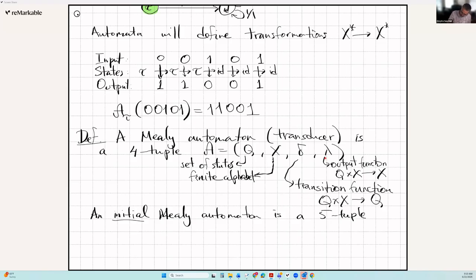So in addition to the tuple from a non-initial automaton, you also add one more component, which is the initial state. So let's say A_q, which is Q, X, delta, lambda, as before, and then little q, where this q is in Q. This is the state from which you start. Of course, Q is not a set of rational numbers, that's a set of states.